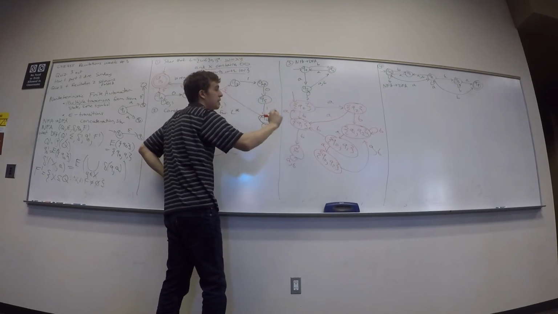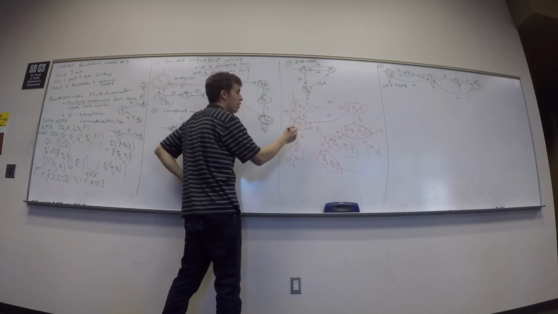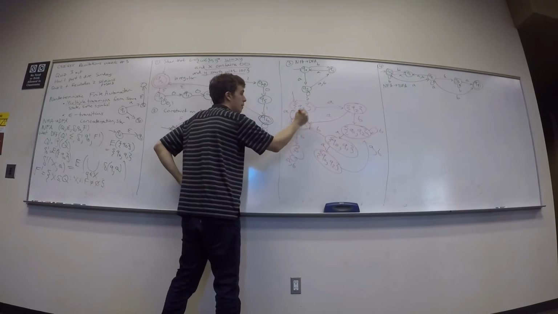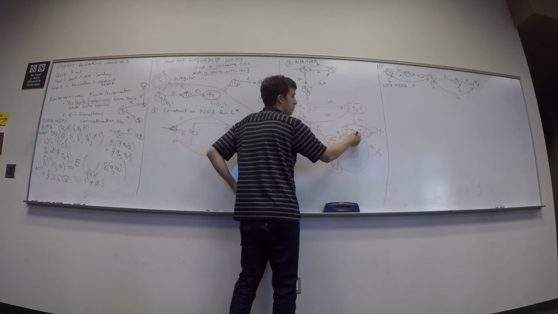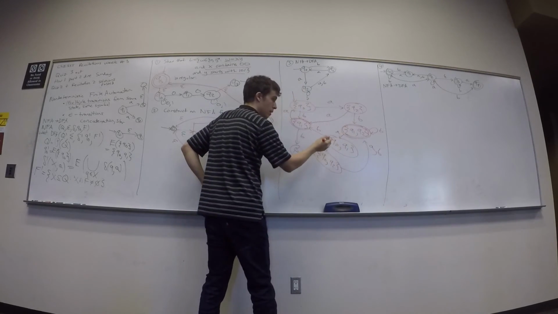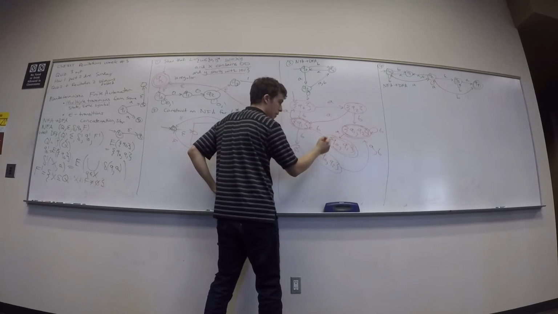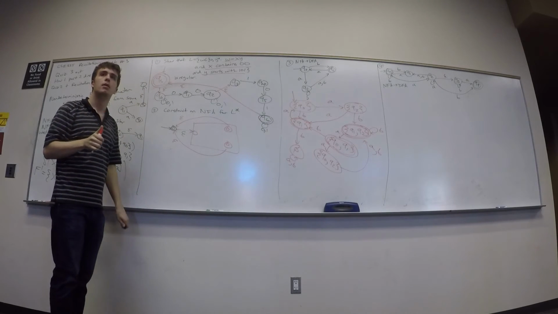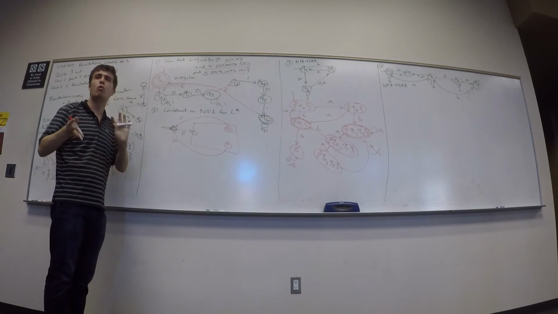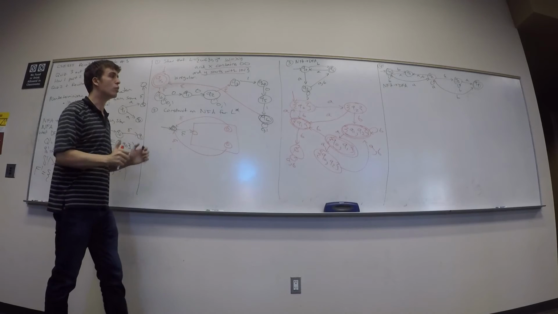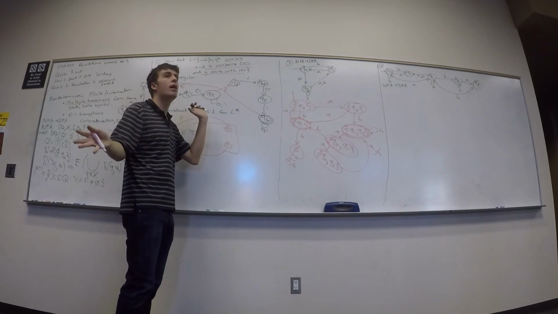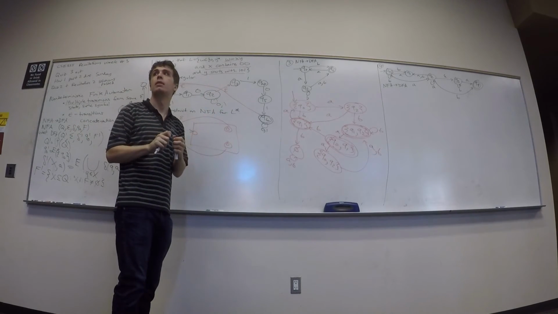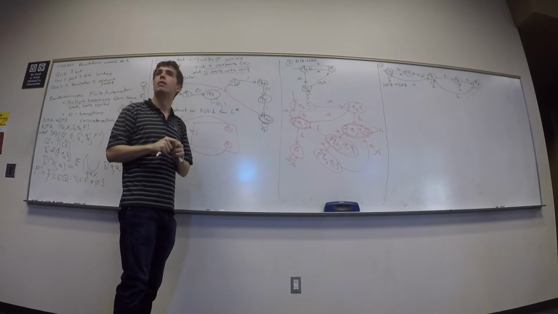So Q0 doesn't have it. Q2 doesn't have it. Ooh, Q1 is right here. Q1's here again. Ooh, not here, not here. Okay? You see how we were able to do that? We're just looking at everywhere you can go and then putting all the results together. Okay? Any questions about that?